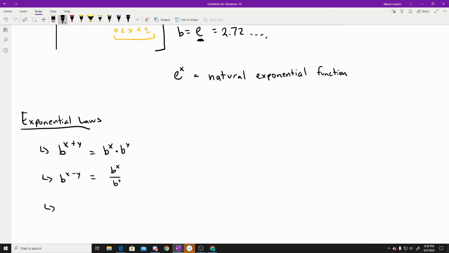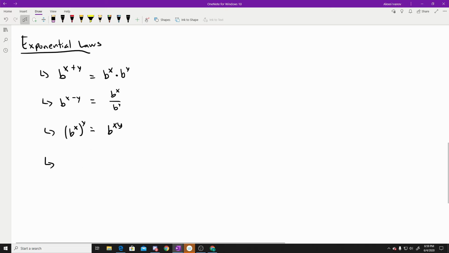The next exponential law deals with a power of x to the power of y, and we can simplify this by just saying that it is b to the power of xy. The last exponential law deals with the distribution of a power, and so if we have these two values a, b inside the brackets and they're both getting raised to the exponent x, we can simplify this and say that it will be a to the x times b to the x.